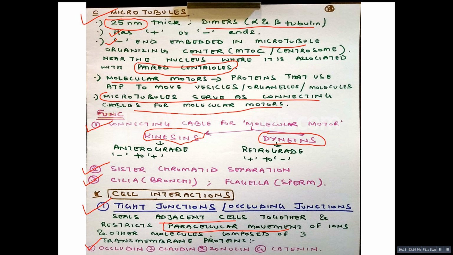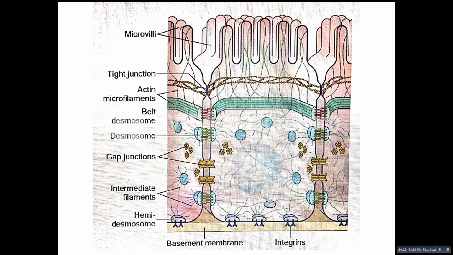Now, as we can see in this image, we can see the tight junctions. Can you see the tight junctions? Yes, we can see them over here. These tight junctions do not allow any kind of paracellular movement between the adjacent cells.